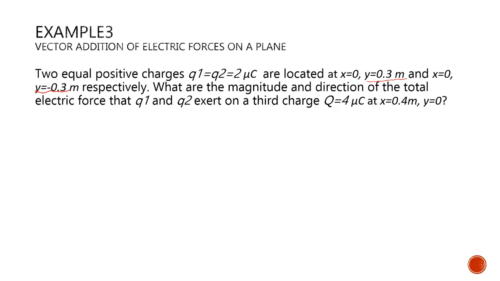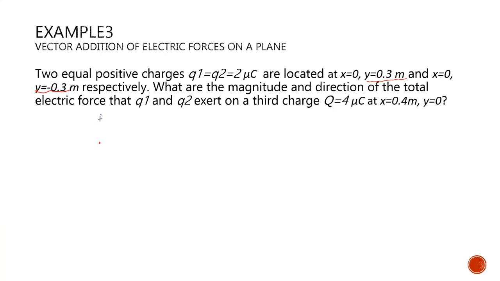So two equal positive charges, Q1 equals Q2. They are both positive and equal in magnitude also: 2 times 10 raised to the power of negative 6, microcoulombs. So they are located at 0, 0.3 for the first one. Let's say this is the origin, 0, 0. So 0, 0.3 is, let's say, here.